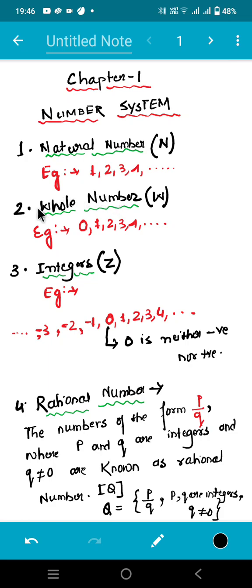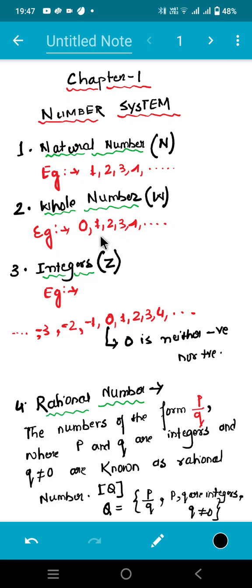Okay, now let's step on to number 2. Number 2 is whole number. Now whole number is represented by capital W. Now what are whole numbers? All natural numbers together with 0. Now you see, all natural numbers together with 0 form the collection of whole numbers.